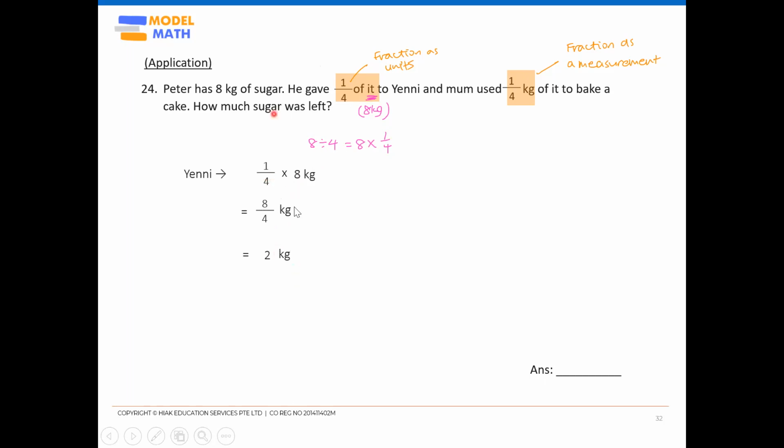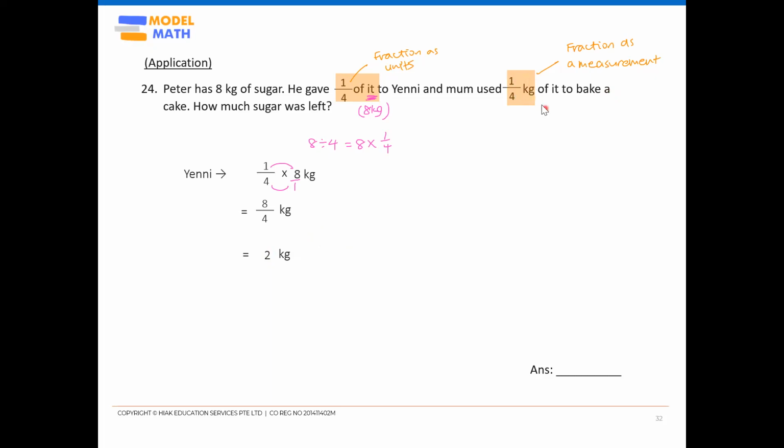How to get 8 out of 4 here is because this will be 8 out of 1 if you rewrite it as a fraction. So top times top, bottom times bottom. That's how you get 8 out of 4. So you have successfully found out that this 1 unit is worth 2 kg that he has given to Yenny. And for the Mom using to bake a cake, do I need to convert this anymore?